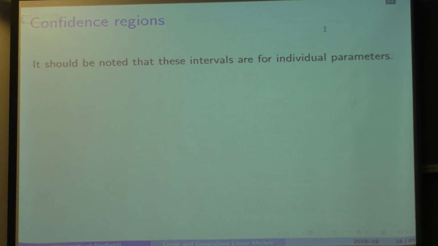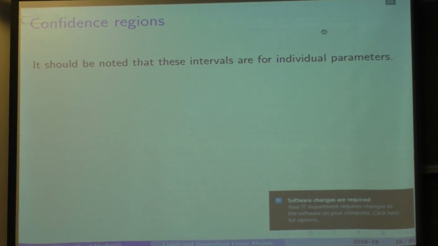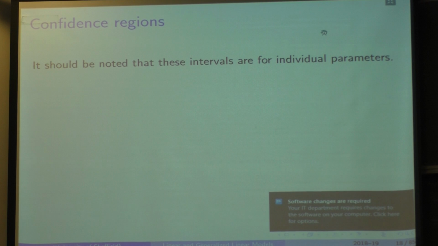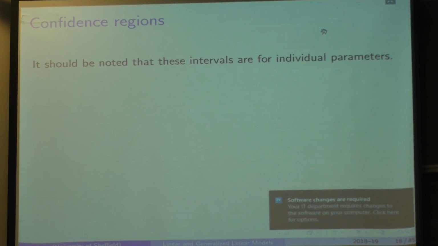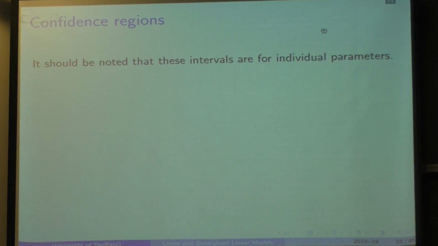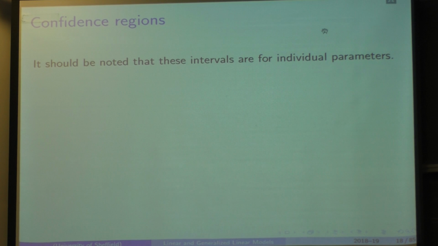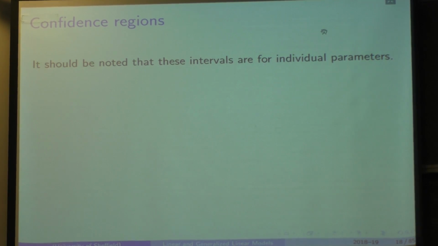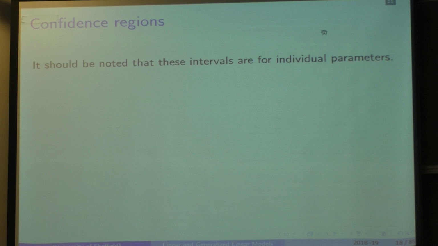is that the intervals that we've done here are for individual parameters. So you might think that if you have two parameters, say in a simple linear regression, the beta 0, the intercept, and beta 1, the gradient, you can write confidence intervals down for both of those, which you can do, using the method that we've just described.